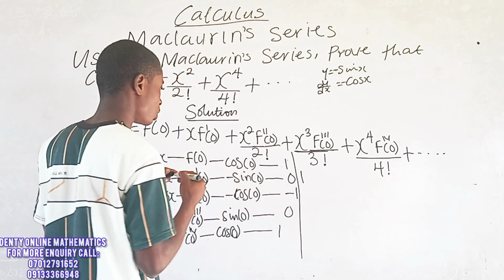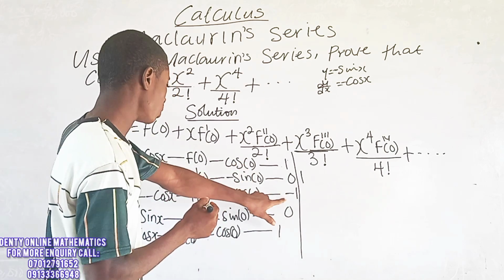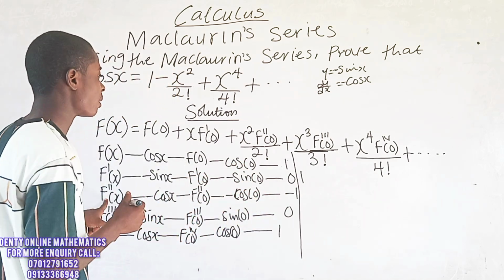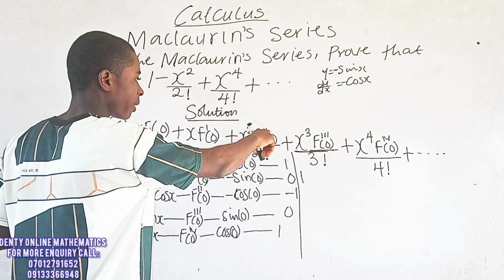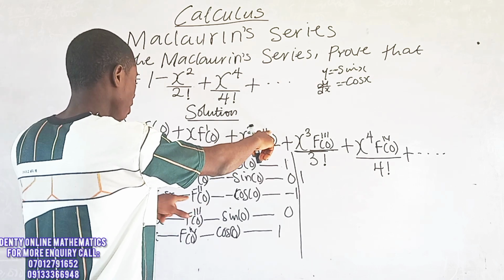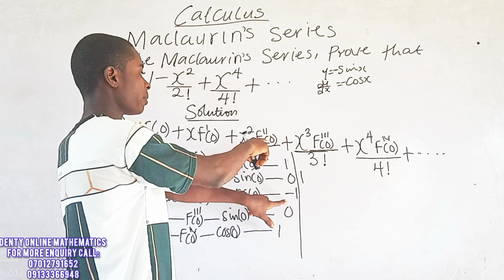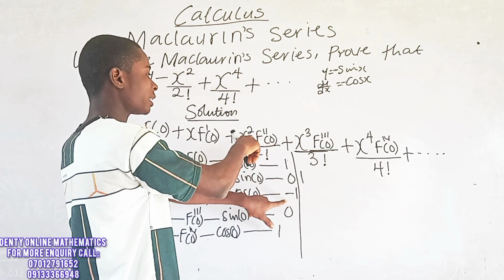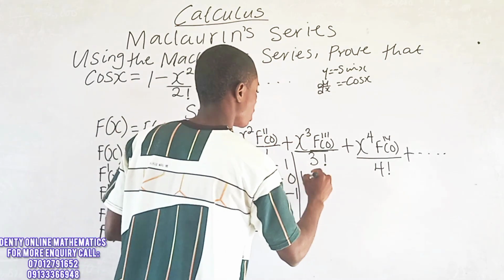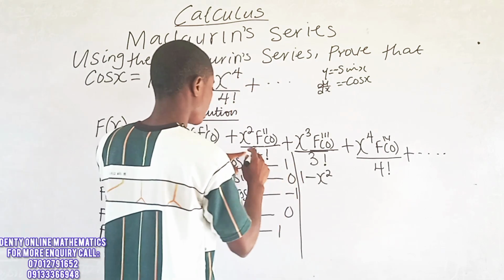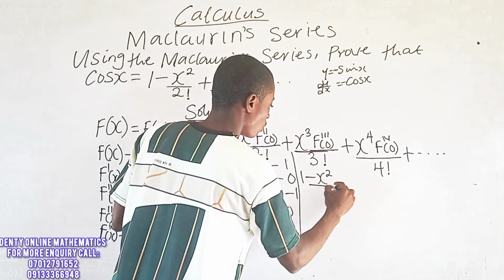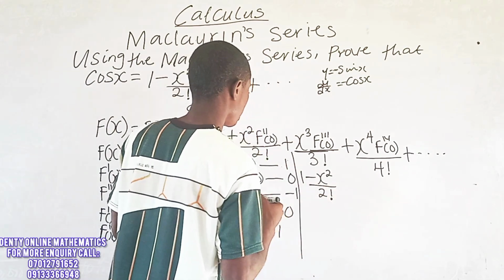Let's look at the next non-zero term. The next non-zero term is f double prime. F double prime of 0 will give us minus 1. So minus 1 times x squared, we are going to have minus x squared. Remember, we have 2 factorial, so over 2 factorial.